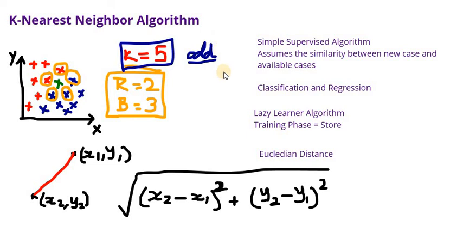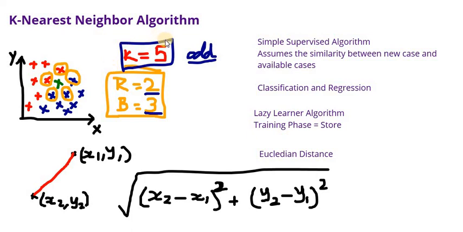If it was an even number, there may be a chance of having the same count for the categories. Suppose I assign k equal to 4, there may be a chance of getting R2 and B2. To avoid such a problem, we normally choose the value of k as an odd number. So this is how we choose the value of k.